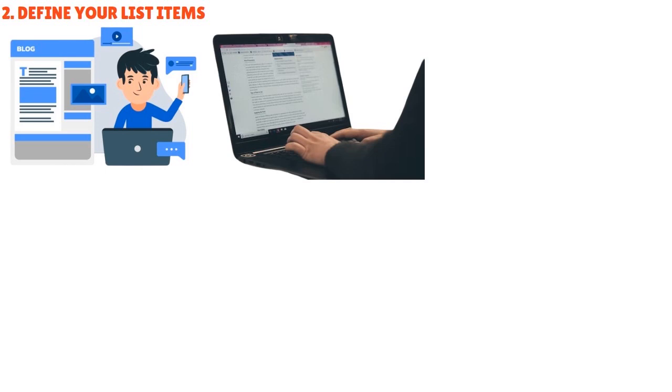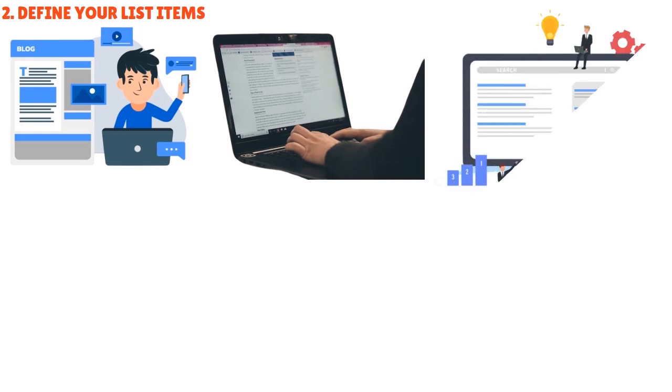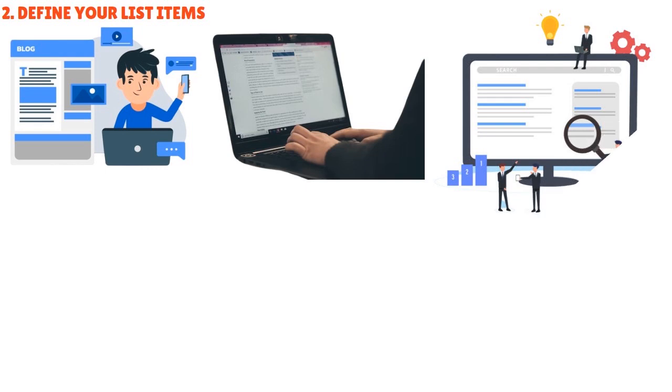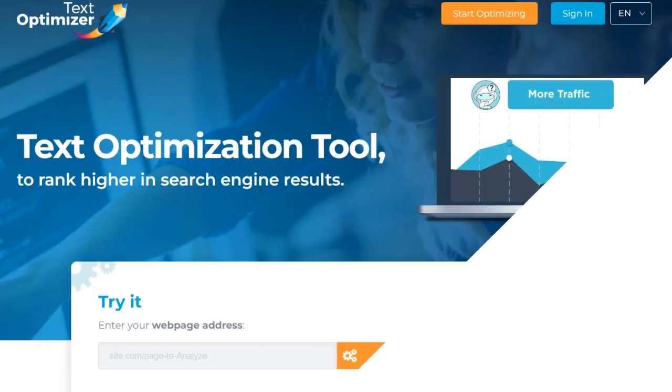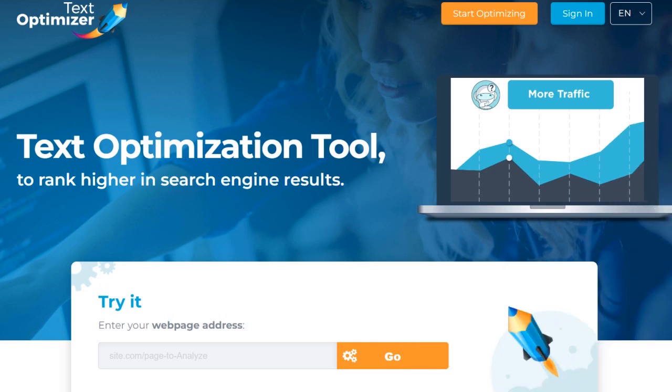When it comes to building your future article outline, you want to research your competitors' listicles and the keyword research lists that you identified previously. For instance, you can use a tool such as Text Optimizer to help you perform an intent analysis to let you know what's really expected to be included in the content targeting a certain search query.